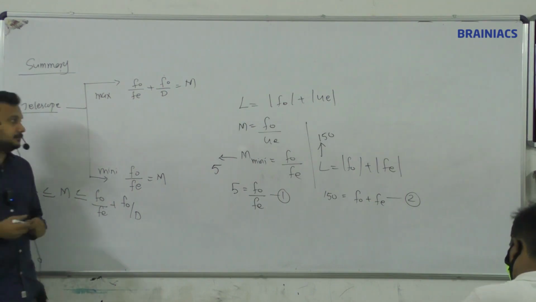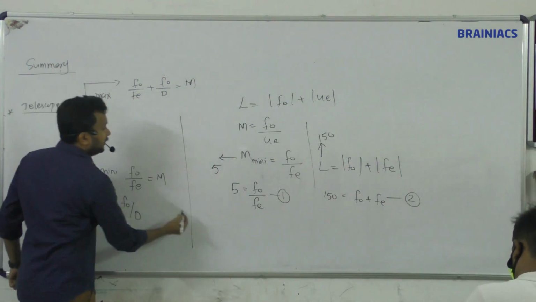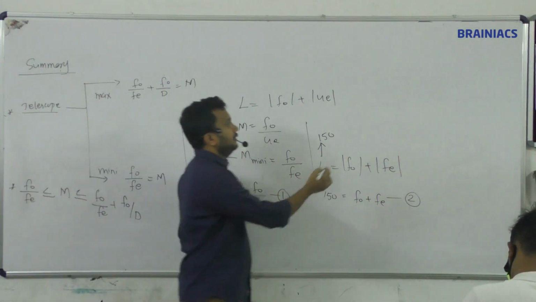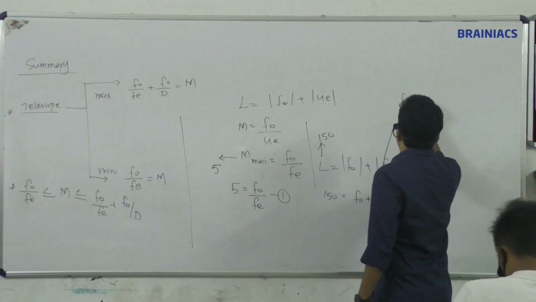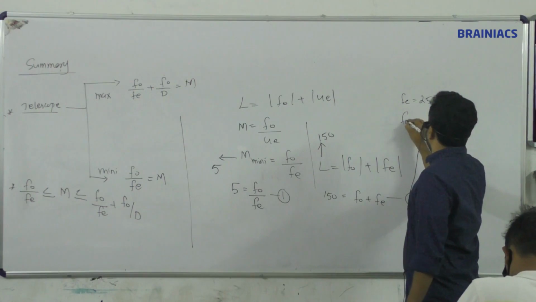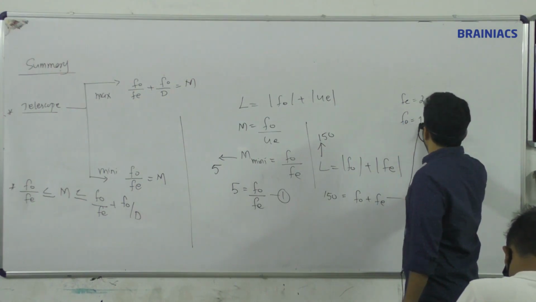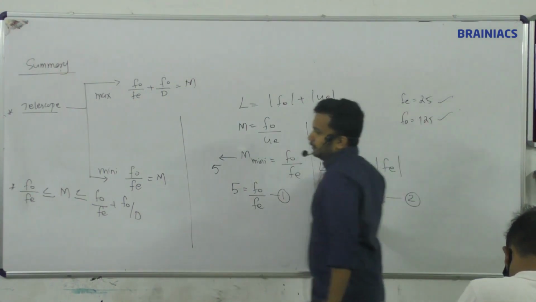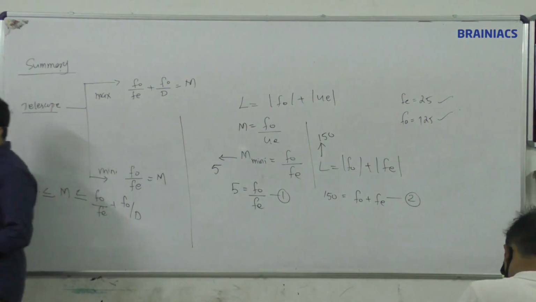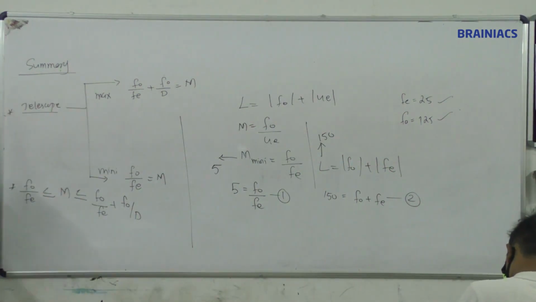What's the answer? fe equal to 25, f0 equal to 125. Perfect. Next question.